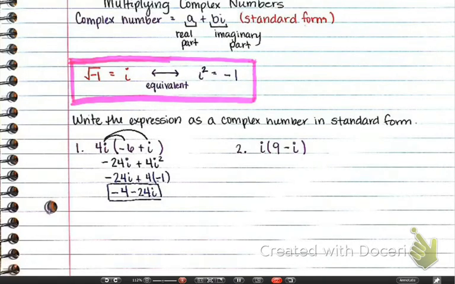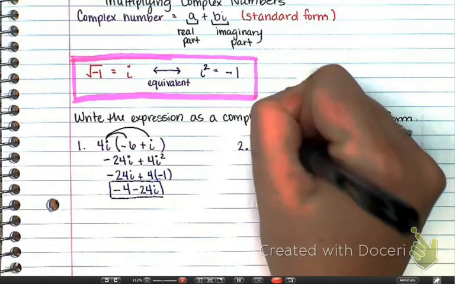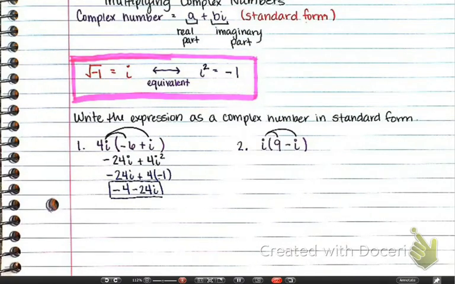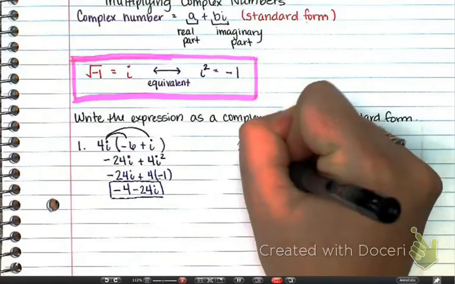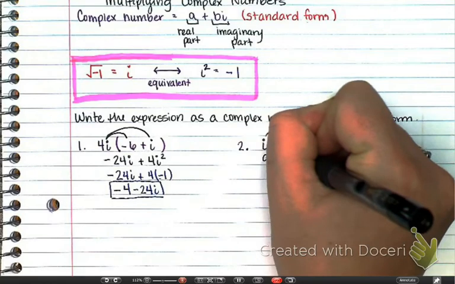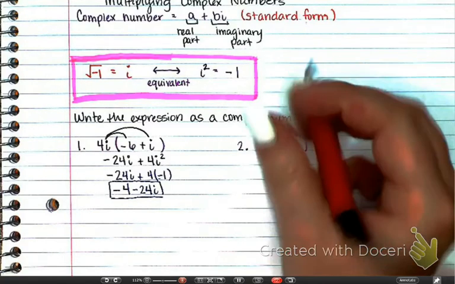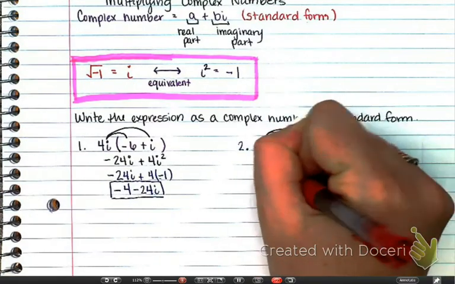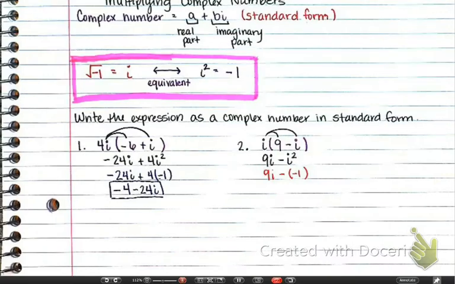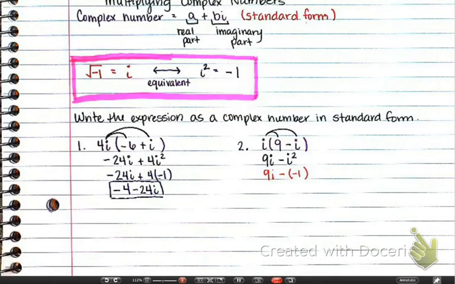So if I distribute in this case, I have 9I minus I squared, right? I'm replacing I squared with negative 1. Now, some of you are going to be able to do this in your head, and that's fine.